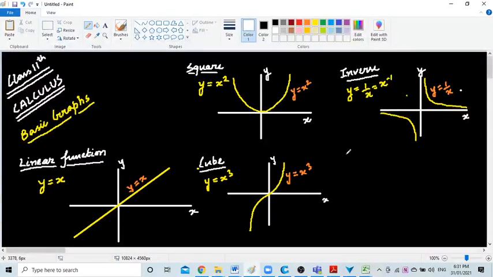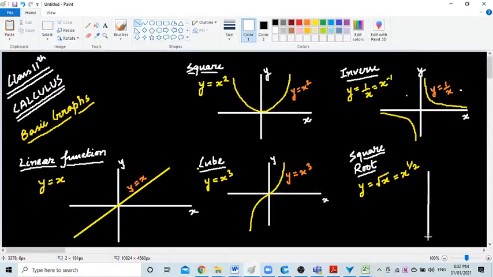Fine. Now, the next one is square root. Alright, in case of square root, how can we represent it? Like y equals under root x, or we can also write it as x to the power 1 by 2. Fine.